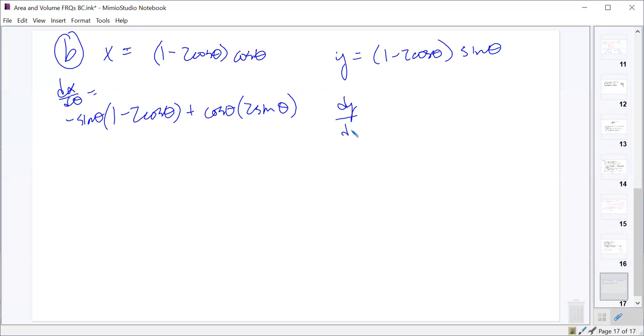And dy d theta is 1 minus 2 cosine theta times cosine theta, plus sine theta times 2 sine theta. You can distribute stuff through if you wish, but that's up to you. Everybody good with that part?